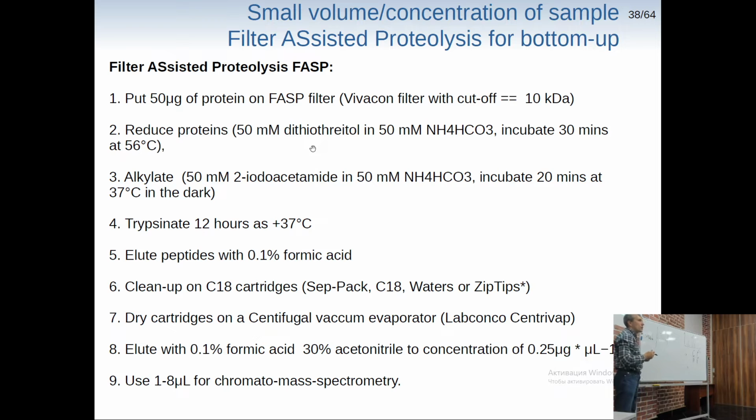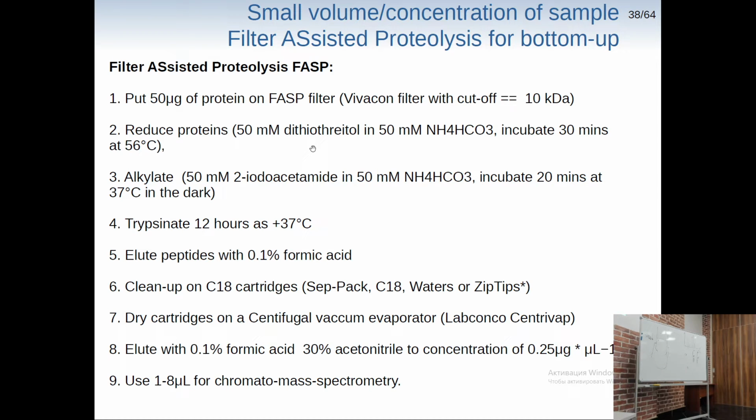So the protease can work on your protein efficiently, and only after there are some peptides, they can be eluted to another test tube to be processed later. So it was called filter-assisted proteolysis, and I actually think that it's better to use it.